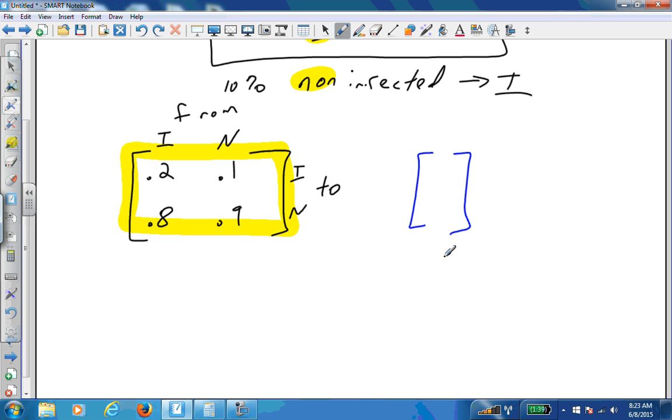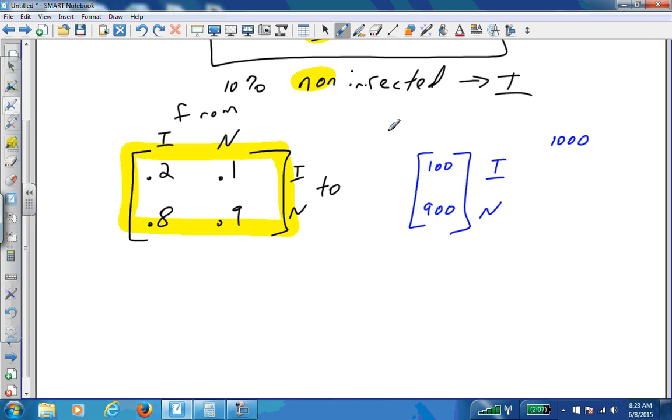The end of the problem says 100 mice are currently infected with a virus. And remember, we started out with 1,000. So we're going to use the same rows, infected and non-infected. If 100 are infected, and we have 1,000 overall, that means 900 are not infected.